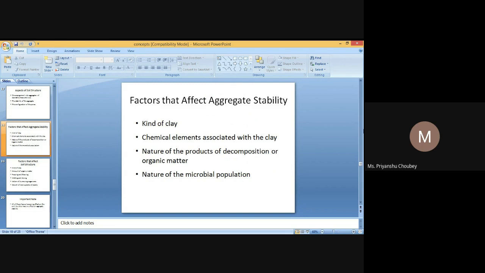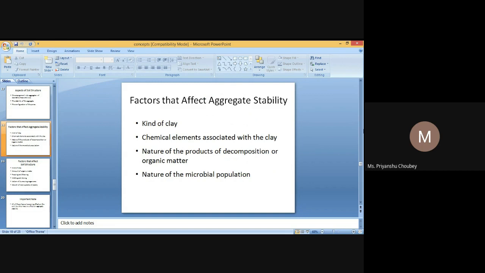Continual leaching tends to impoverish the upper mineral horizons by removal of the basic cations. Cations are ions having a positive electrical charge, for example calcium.